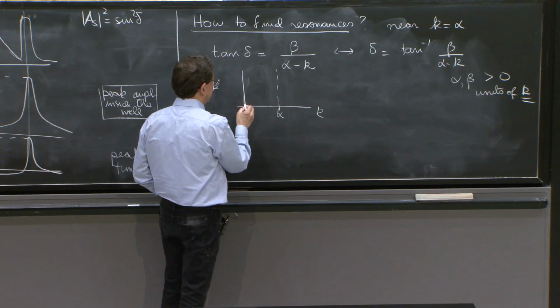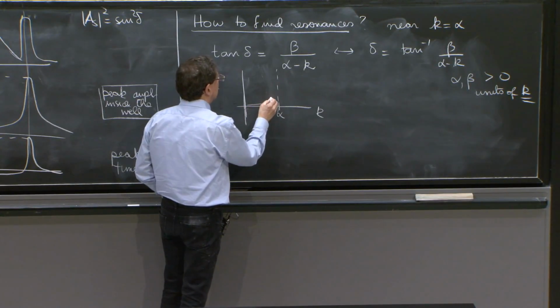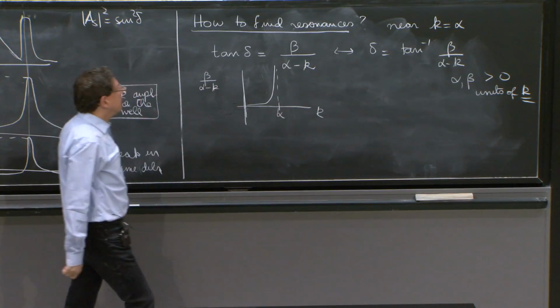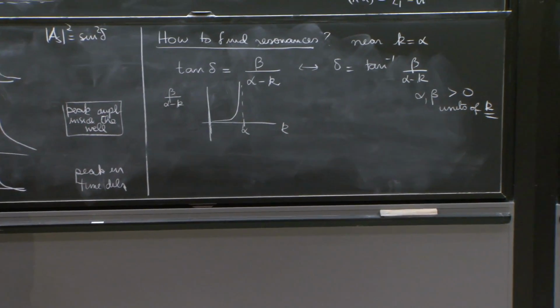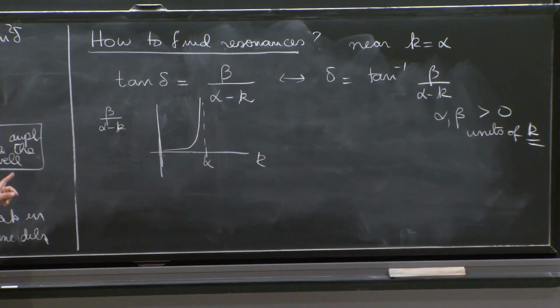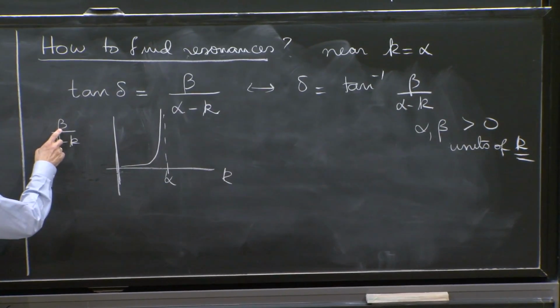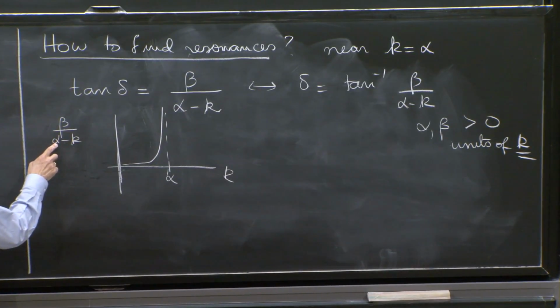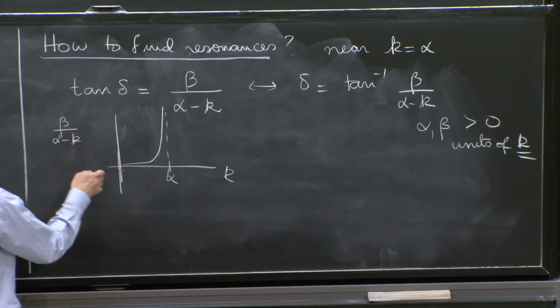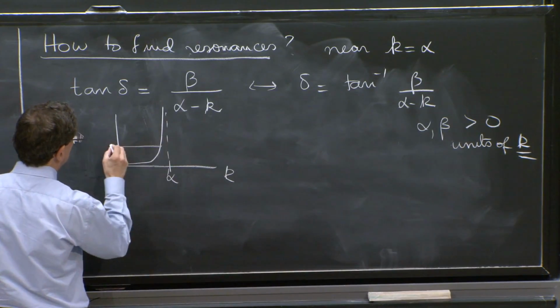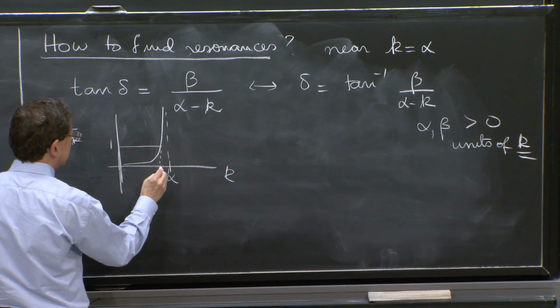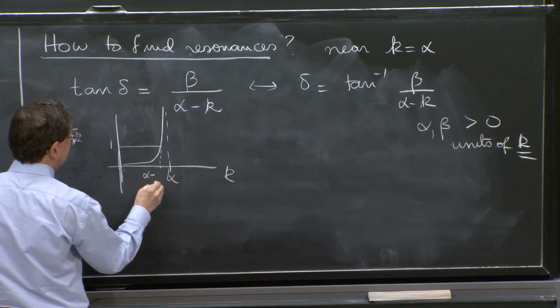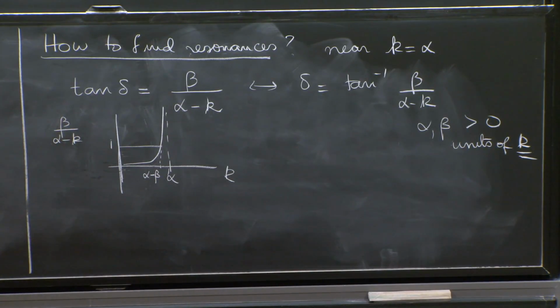It's going to be like that. Now, it actually is true that when k differs from alpha by beta, it reaches value 1. So here is alpha minus beta. At that point, it reaches value 1.